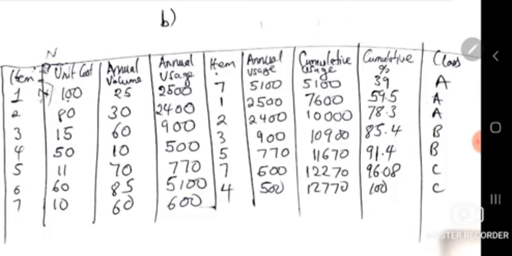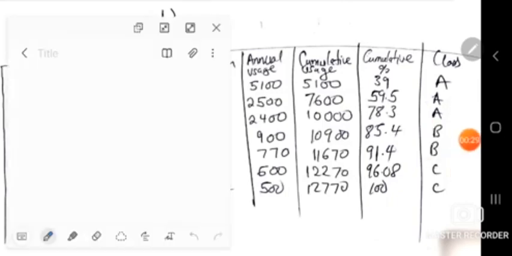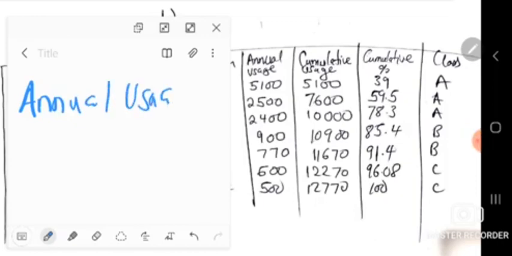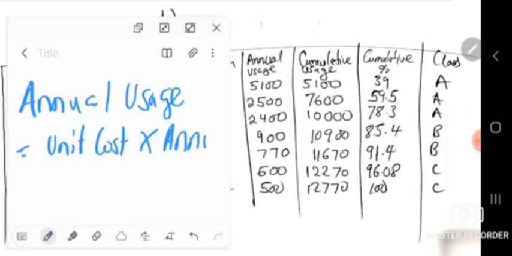So take note of these few important notes. How do you get annual usage? Annual usage is equal to unit costs multiplied by the annual volume or annual demand. That's what I was saying earlier on. Volume or demand. That's how you get the annual usage.